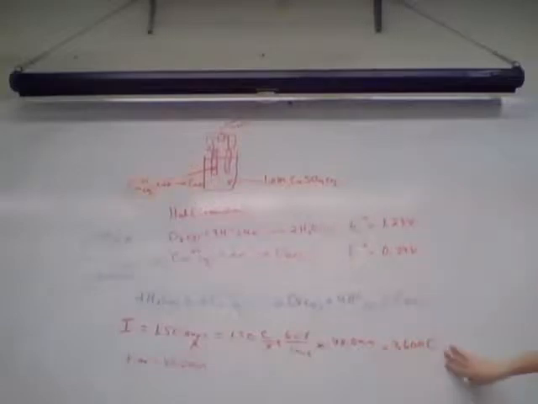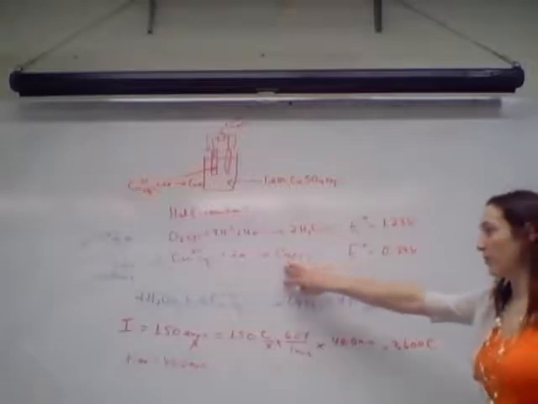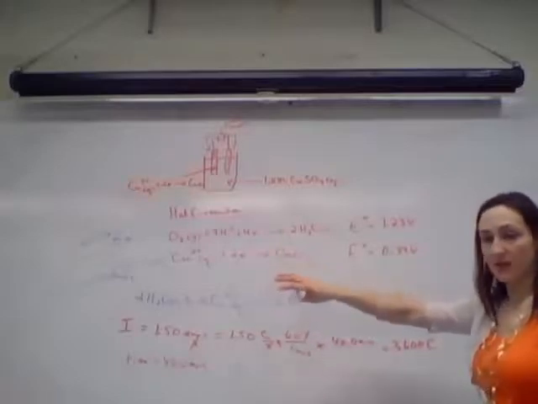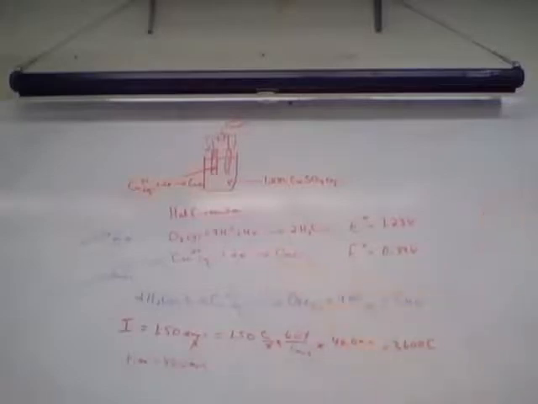Having this, I know how many electrons per copper are passed, and I also know the charge of a mole of electrons, because that is what Faraday's constant tells me.